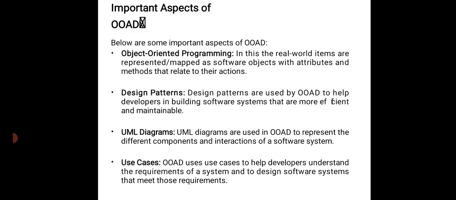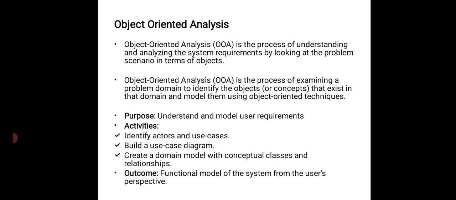Let me discuss what object-oriented analysis is. That means it's a process of understanding and analyzing the system requirements by looking at the problem scenario in terms of objects. Object-oriented analysis is a process of examining a problem domain to identify the objects that exist in that domain and model them using object-oriented techniques.